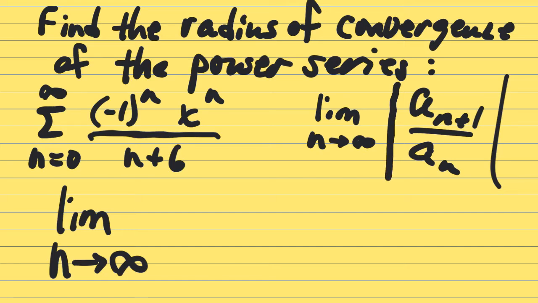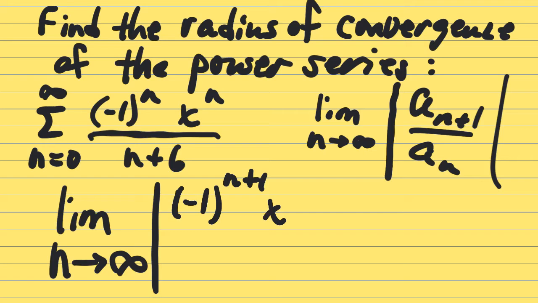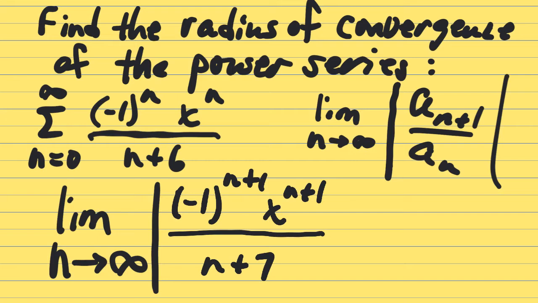Okay, so in absolute value, we're going to take our original series, and everywhere there's an n, we're going to use an n plus 1. Now, dividing by a sub n, basically you just take your original series, take the reciprocal of it, and multiply.